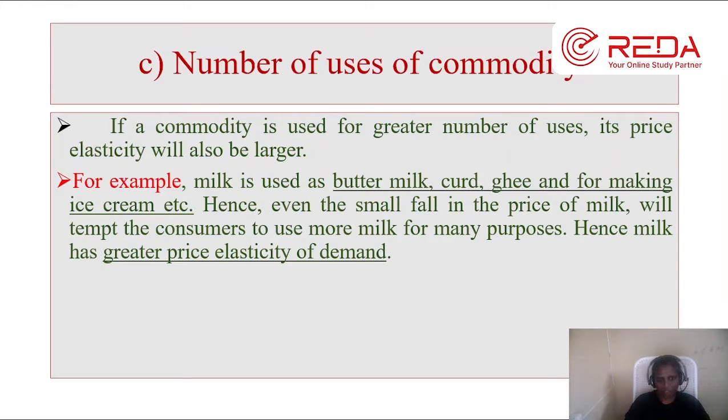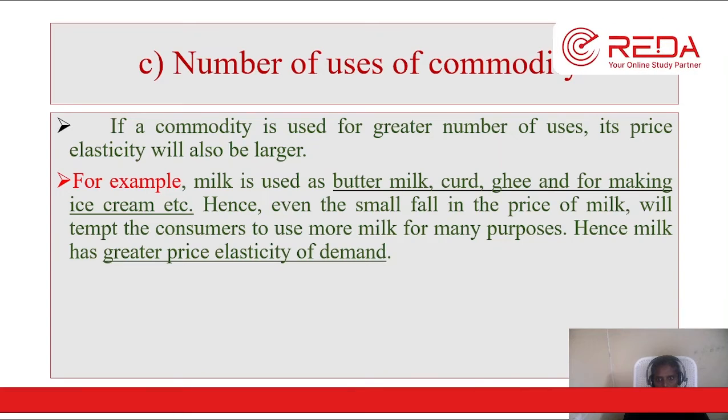Okay, for example, if you take milk, if the price of the commodity is very low, what will happen? We use milk to make various commodities, and milk is also a very essential commodity in our day to day life.